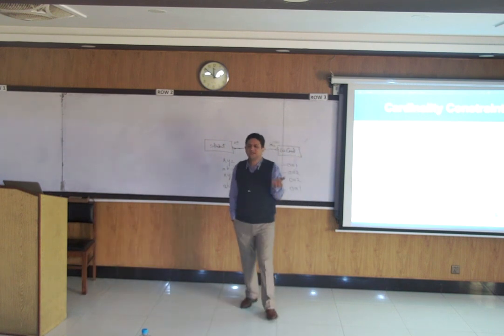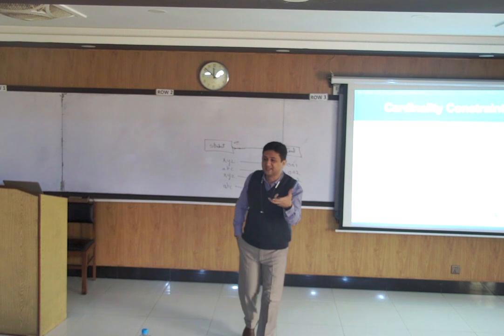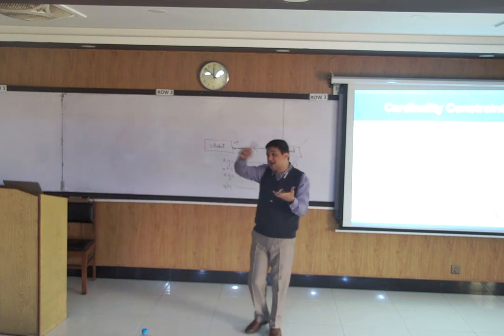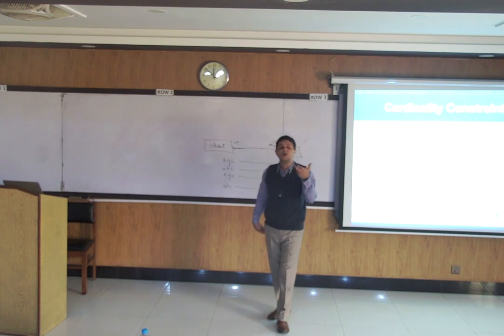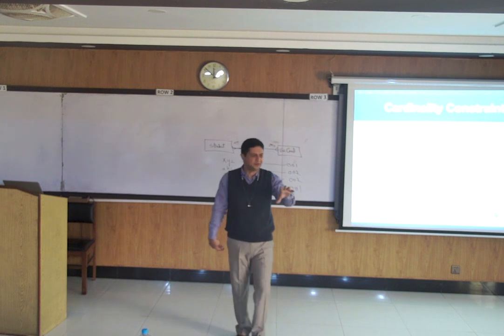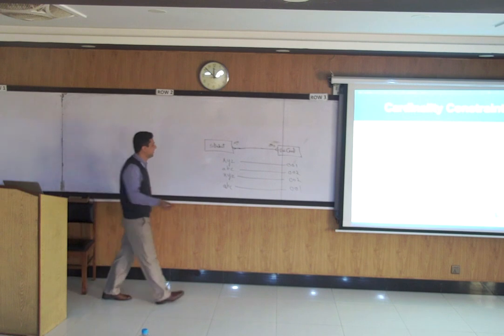If an instance can exist without having a relationship instance with the entity instance of the other side, then the other side's minimum cardinality would be 0. Okay, I'll just repeat it. Let's try to understand this with the help of an example.